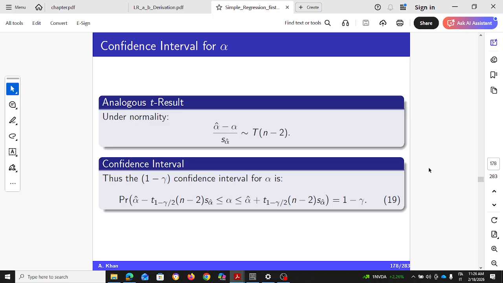What if it's not between the range, is it possible? Yes, if it's not between these two limits, it means everything's wrong. It must be between these two confidence limits.